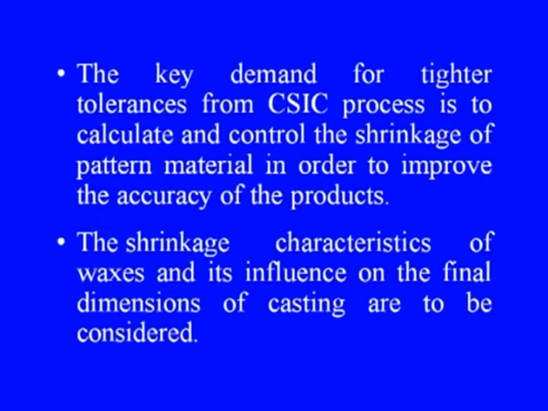The key demand for tighter tolerances from the CSIC process is to calculate and control the shrinkage of pattern material in order to improve the accuracy of the products. The shrinkage characteristics of waxes and their influence on the final dimensions of the casting are to be considered.